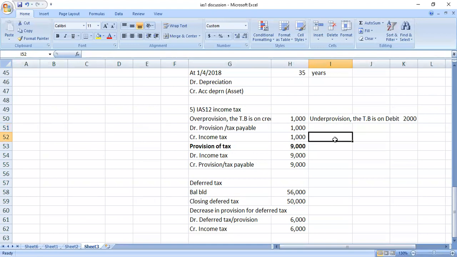So the credit you do is you credit the provision, or you can call it tax liability, tax payable. And then you debit the expense itself, which is the income tax.